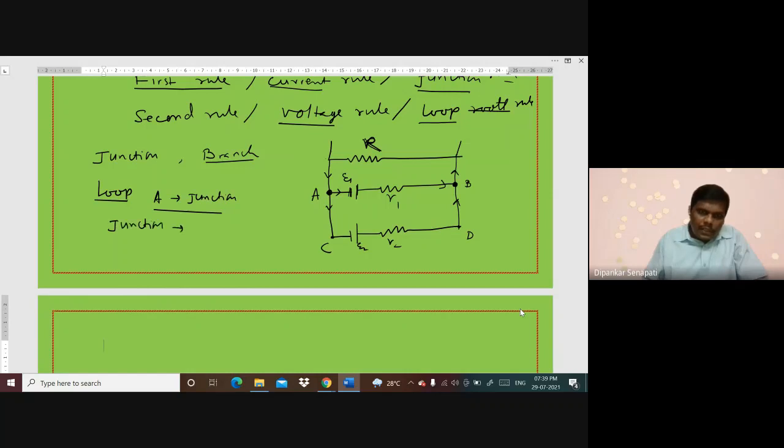Junction: it is the meeting point of more than two lines or two paths of electric current. This is a junction. Okay.